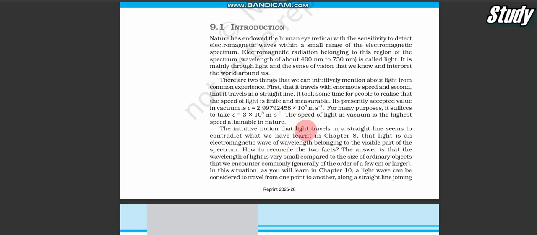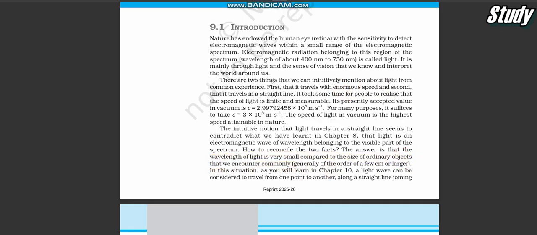And the intuitive notion that light travels in a straight line seems to contradict what we have learned in chapter 8. In chapter 8, it was said that light is an electromagnetic wave of wavelength belonging to the visible part of the spectrum. So how can we reconcile the two facts? The answer is that the wavelength of light is very small compared to the size of the ordinary objects that we encounter normally.